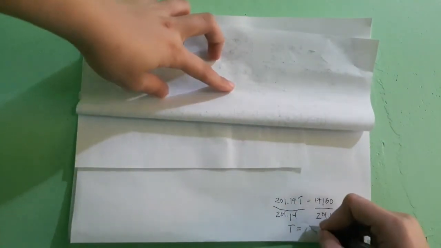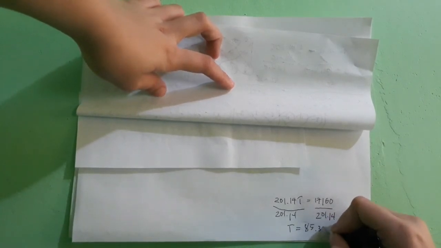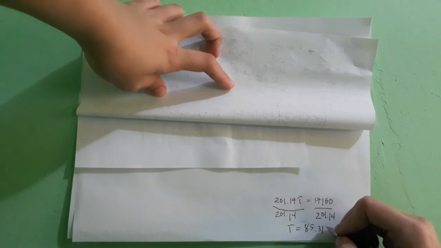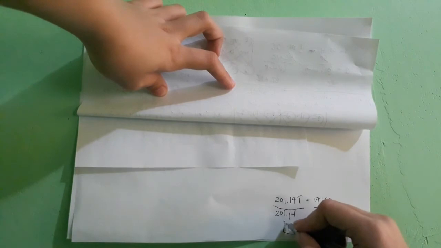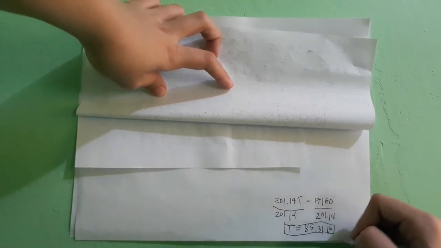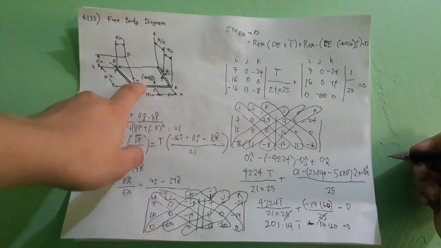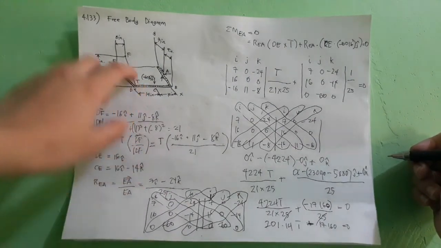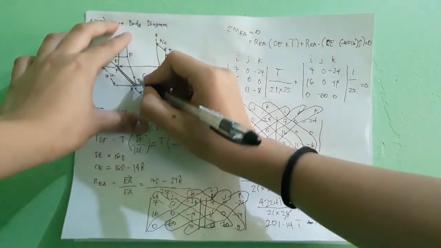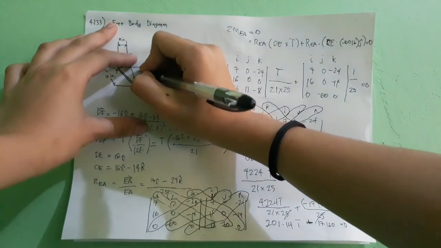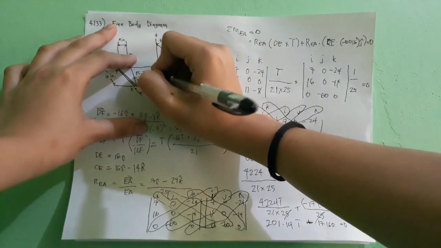We have now 85.31 pounds. So here in the figure, the tension is 85.31 pounds.